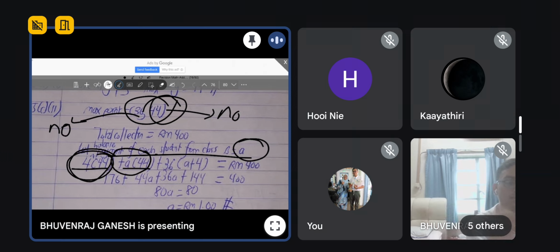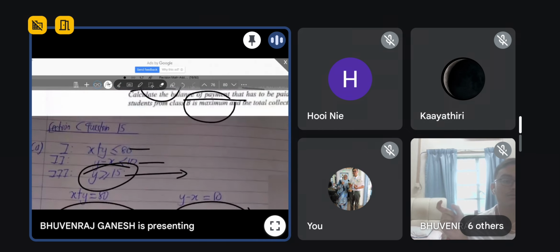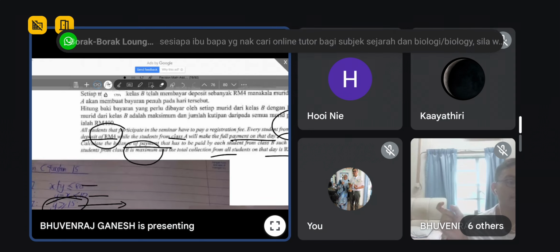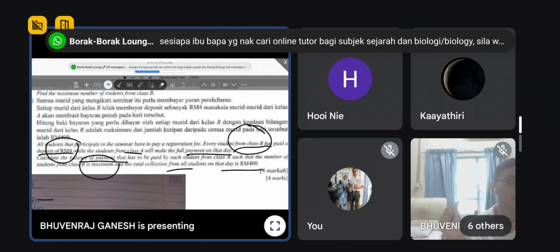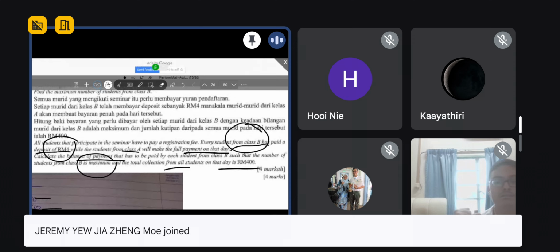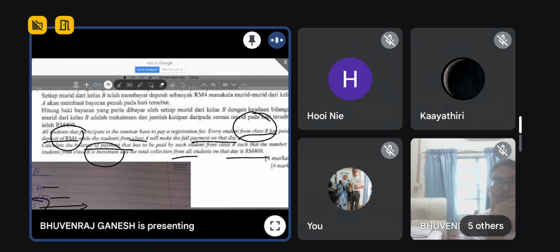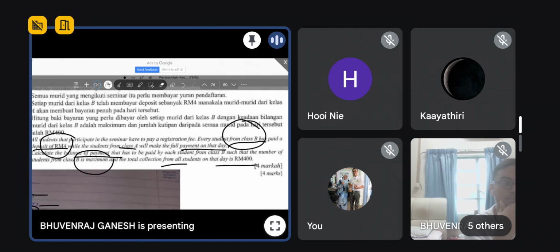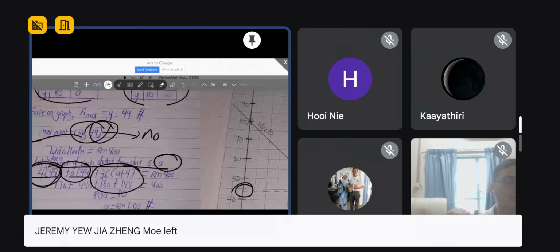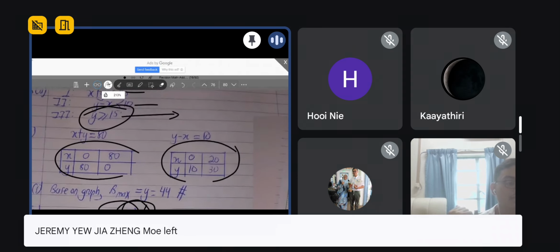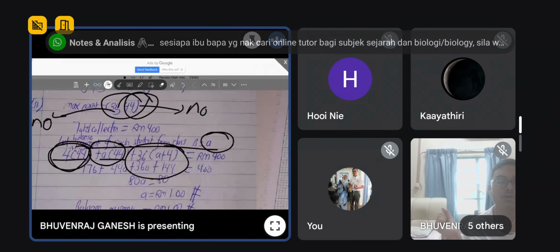And then for class A, also the same. Class A, you got 36 student. One student, RM36. So now, if you refer the question, right? Class A, they say they make full payment. Dia bayar secara total. So full payment means that you are going to take A plus 4.